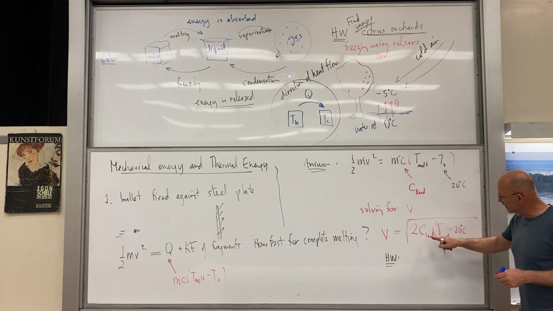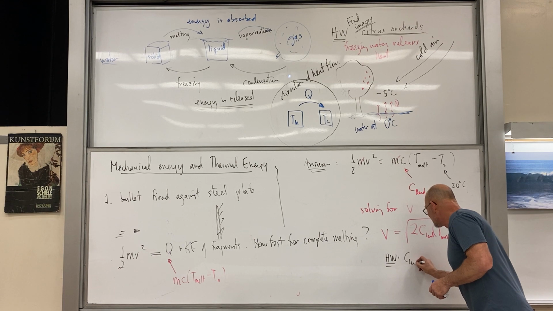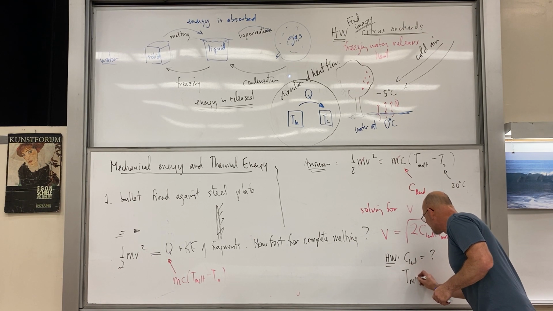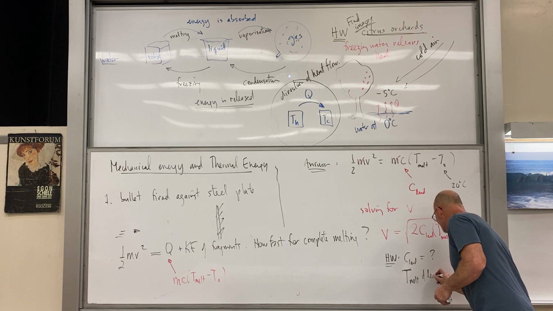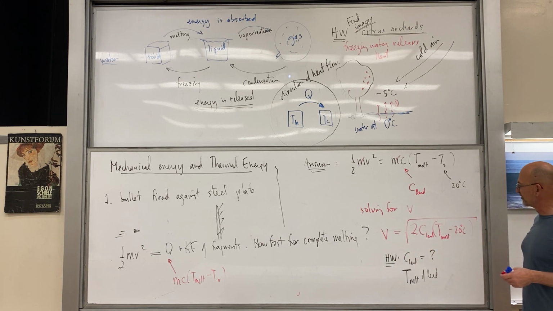Like I said, you need the specific heat of lead and T melt of lead. You have to find the correct units, but you can probably look this up in 1 minute, right? See what happens.